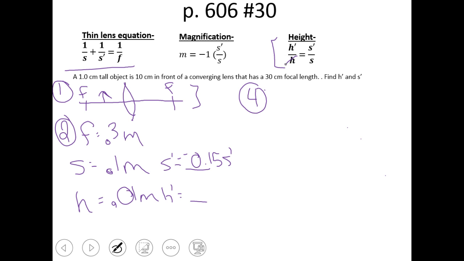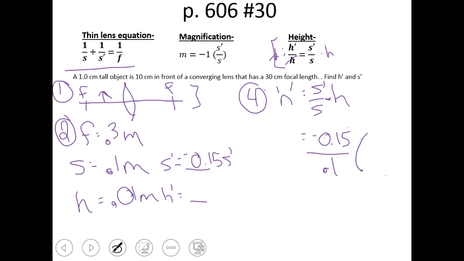Remember, I multiplied both sides by h, and they cancel on this side. So I'm looking at h prime equals s prime over s times h. Right, and then I'm going to plug and chug. So s prime is negative 0.15, and then s was, what was it, 0.1, right?